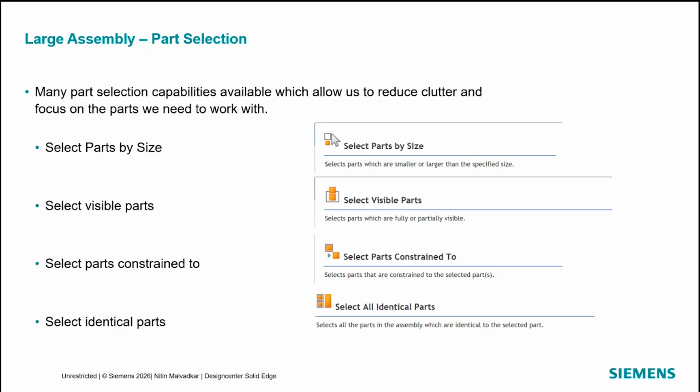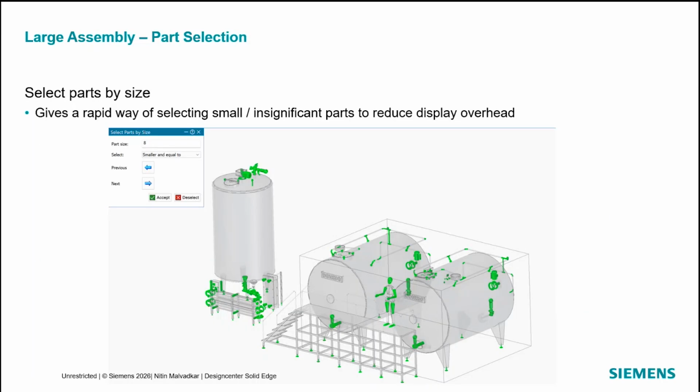So what these options do is they actually help you in reducing the on-screen complexity of the assembly. And in turn, it helps you, the designers, to edit faster and make your designs much more accurate. Now, something which is very important from the list that we just now saw is the part selection based on size.